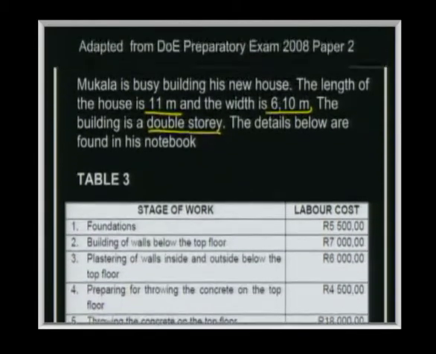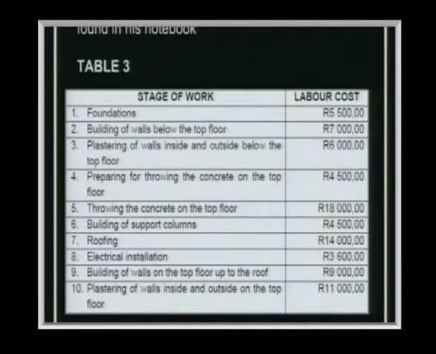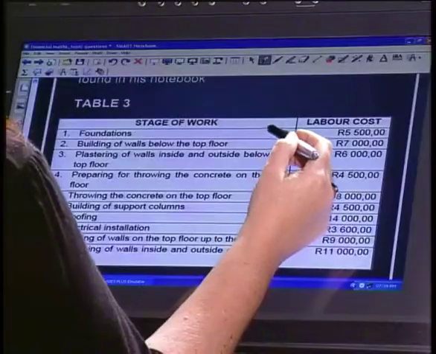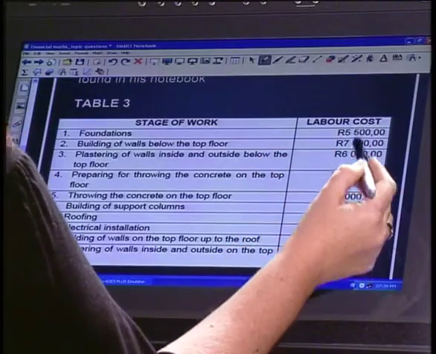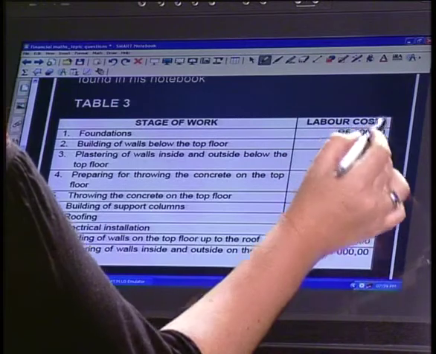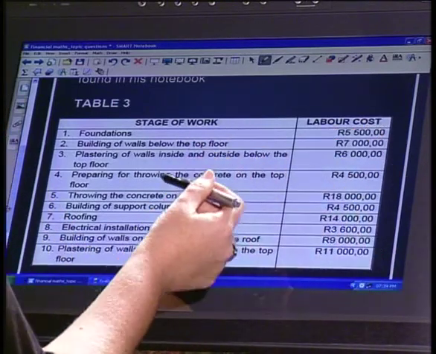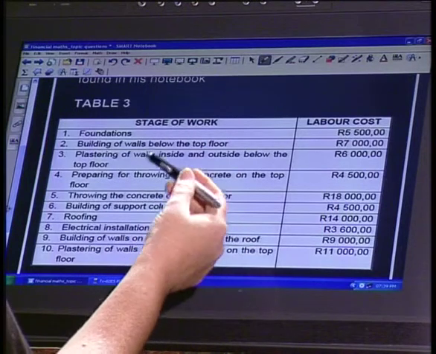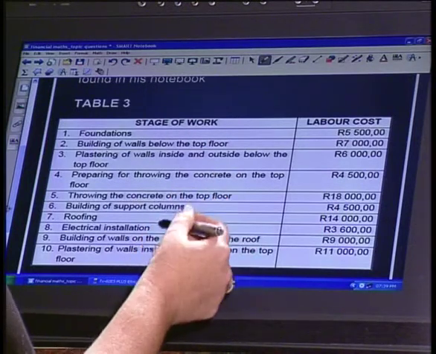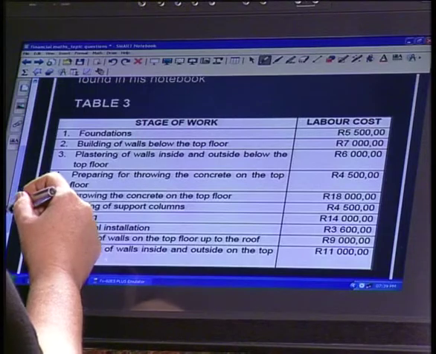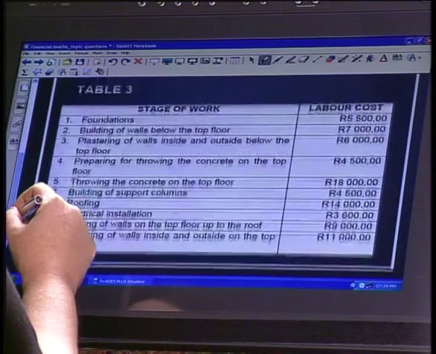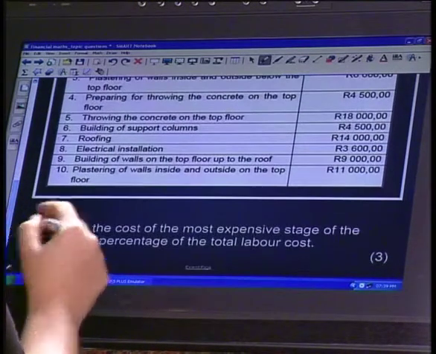This is a list of all the things that he needs to get done in his house and how much it's going to cost just for the labor. So the foundations, the building of the walls, plastering of walls, preparing or throwing the concrete, etc. You can read through that whole list, and let's see what we're looking for in our question.